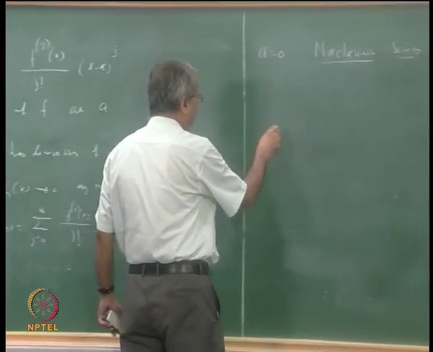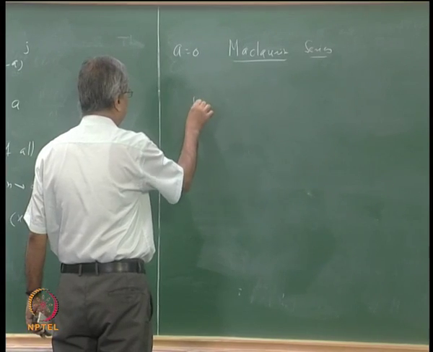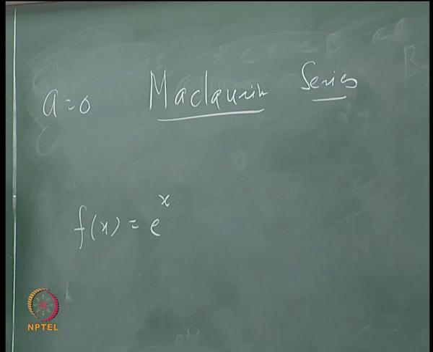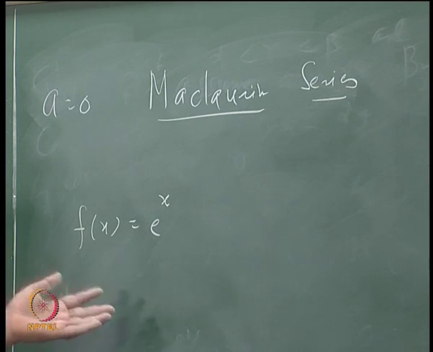The simplest such function is the exponential function. Take f(x) equal to e to the power x. Then what is so simple about this function? First of all, it is differentiable any number of times, and not only that, all its derivatives coincide with the given function.